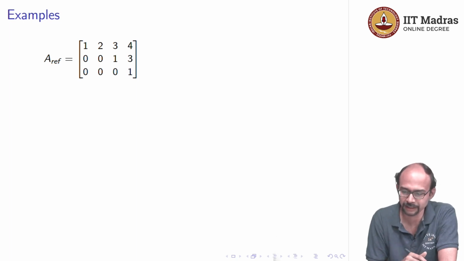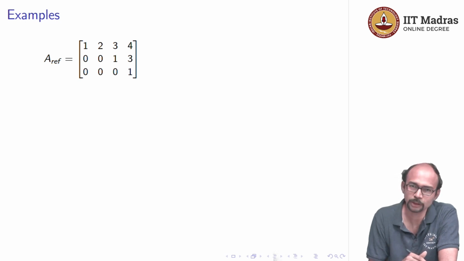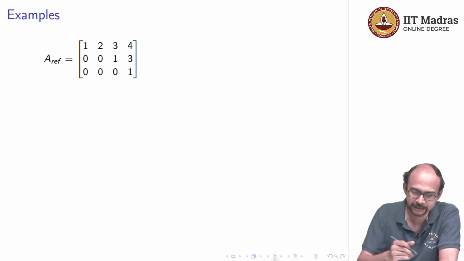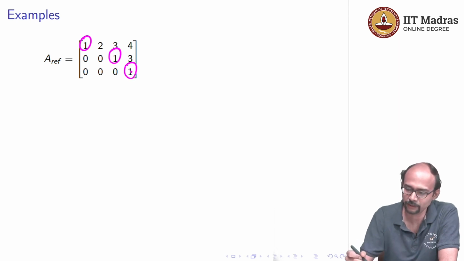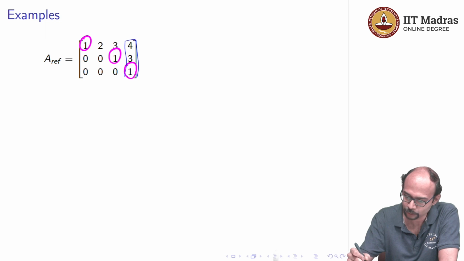So here is a matrix which is in row echelon form. All 3 rows are non-zero, and the first non-zero term in each is indeed 1. Is that the case? Indeed, that is the case: 1, 1 and 1. And then whenever you have a leading term, you have this 1 over here, which is in the 4th column.